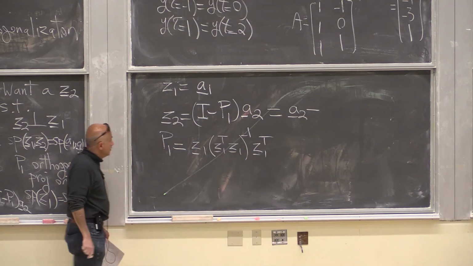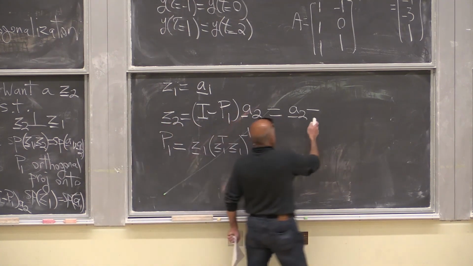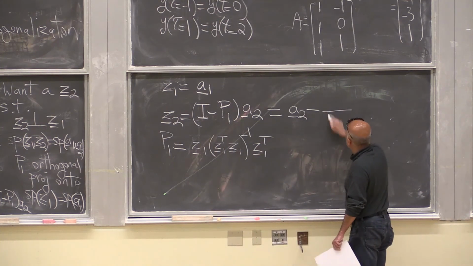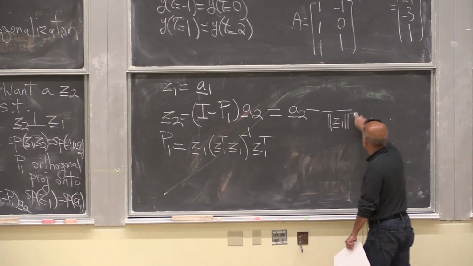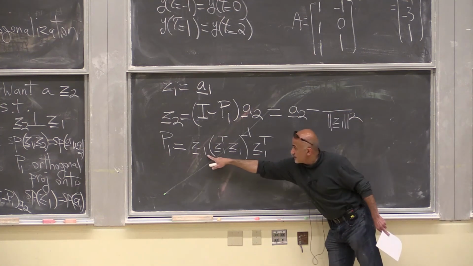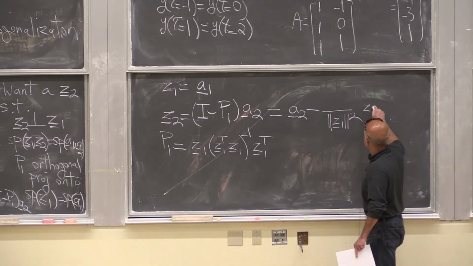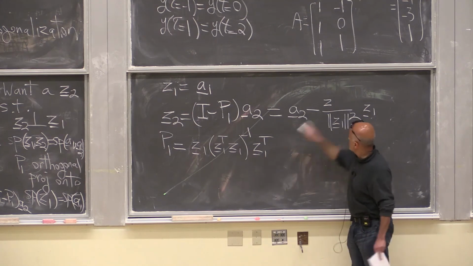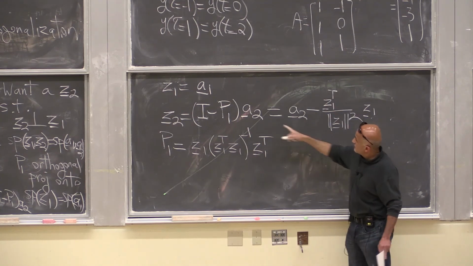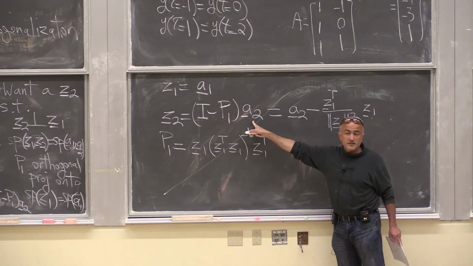So this is just the magnitude of z1 squared in the denominator. So this is now z1, and I have z1 transpose times a2.